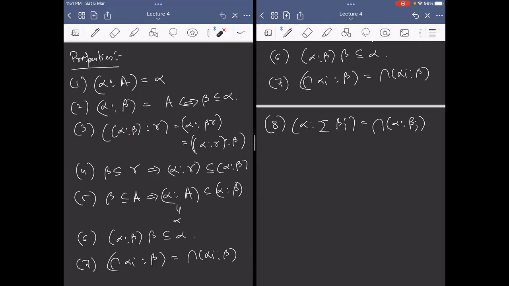So x is in the intersection, and now if x is in the intersection, then x times any element of beta_j is inside alpha, and if you take the sum, then it's a finite sum of elements of beta_j, and therefore multiplying x with each of them takes this inside alpha, and therefore you are done. So all the properties are over.